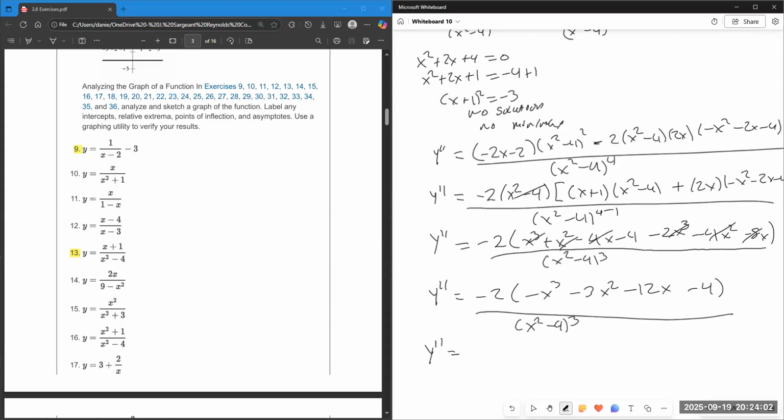Y double prime is 2 times x cubed plus 3x squared plus 12x plus 4 over x squared minus 4 to the third.